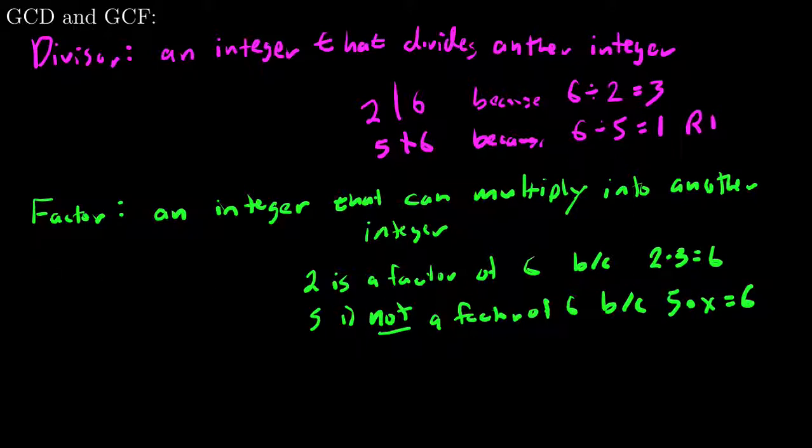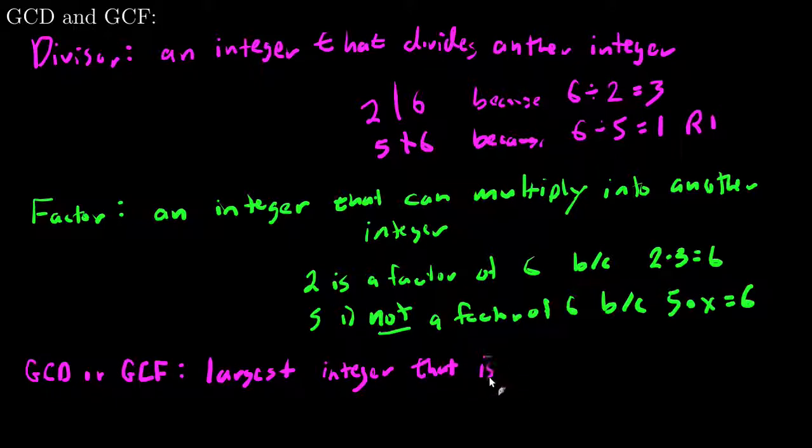And finally, to wrap up this idea, the GCD or GCF, greatest common divisor or greatest common factor, is just the largest integer that is a divisor or factor of, for our purposes, 2 integers.